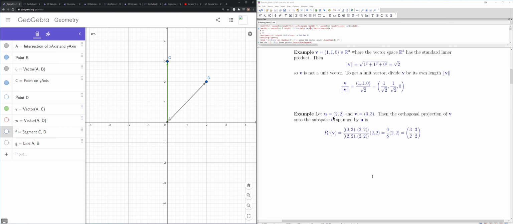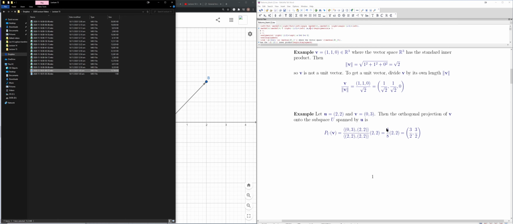So I get 3/4 times the vector (2, 2), and 3/4 times 2 gives me 3/2.